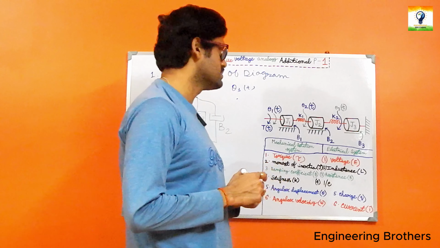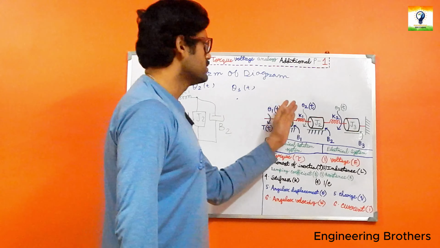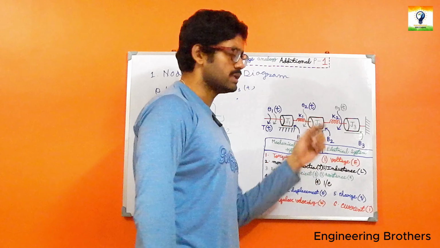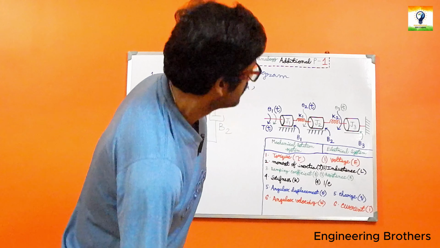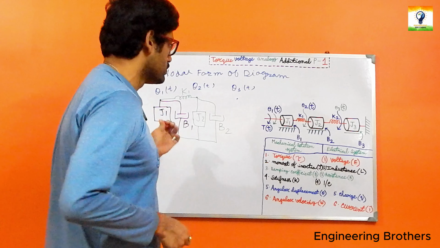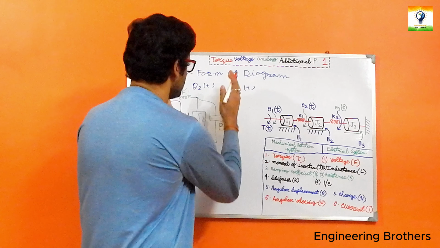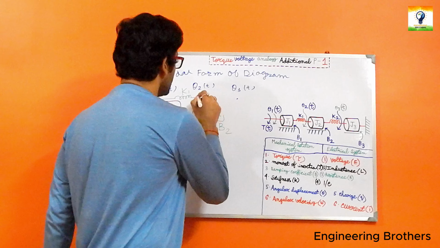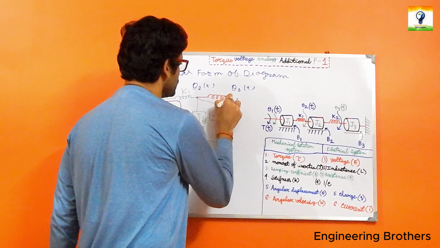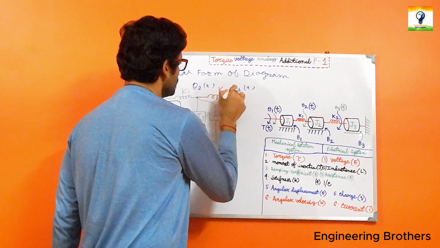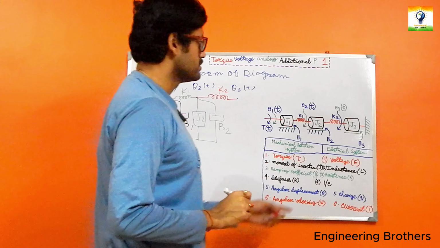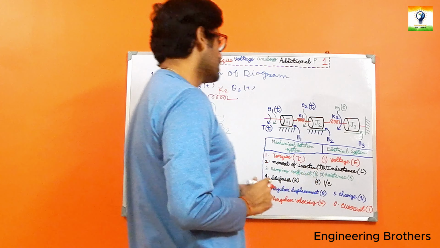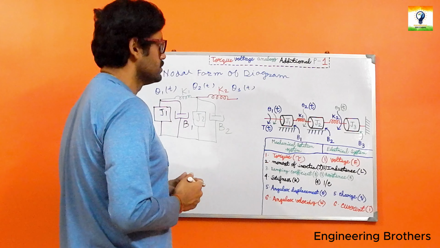We can once again see that in between theta 2t and theta 3, we have another spring element K2. So in between theta 2t and theta 3, we are going to connect our K2. In the last part, let us see which elements are connected with theta 3.